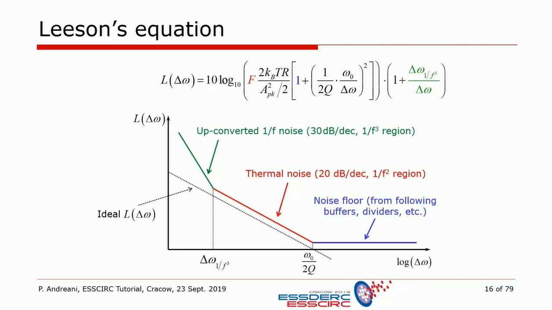It's just due to the fact that after the oscillator you will have to buffer or distribute these signals to other parts of your design, or at least to the measurement setup, and all these blocks will have their own flat white noise. So when the phase noise of the oscillator falls below this noise floor, this is what you're going to see, but it's not really coming from the oscillator itself.